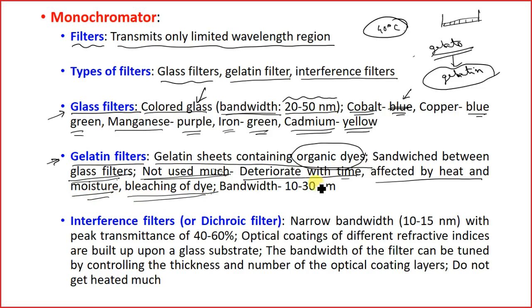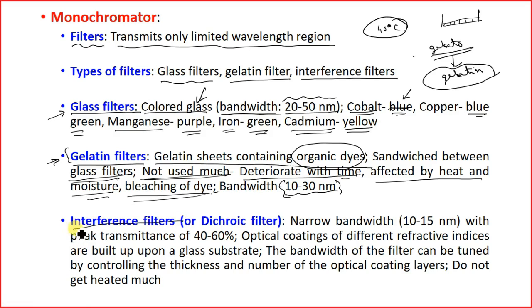However, if you want to do some research using these filters, you can do it, because if you develop gelatin filters very carefully, you can generate filters which have a bandwidth in the region of 10 to 30 nanometer. Once you have standardized your systems, it is better to go either for the glass filters or for the interference filter.